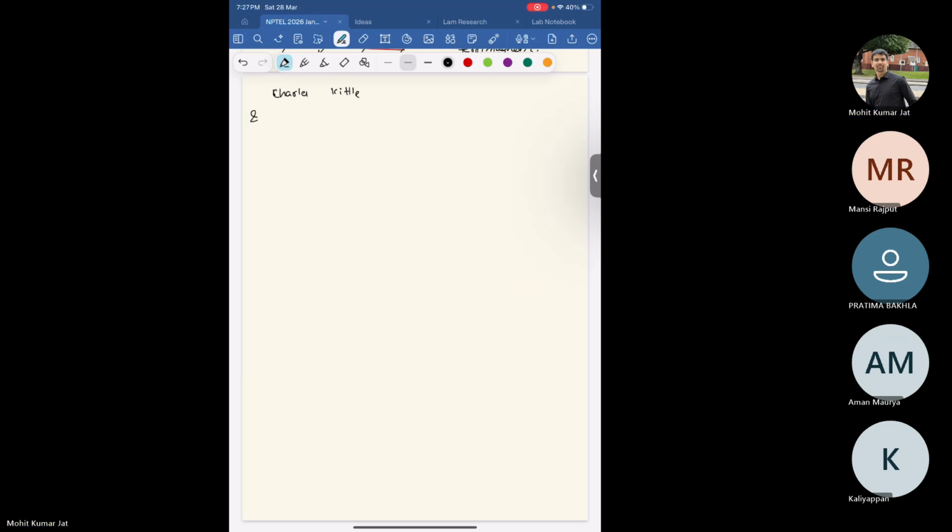And the other book which I prefer is, let me see, I'm forgetting the name. Ashcroft Mermin. Yeah, I remember the name now. Ashcroft Mermin.